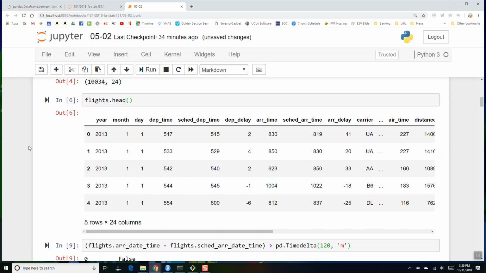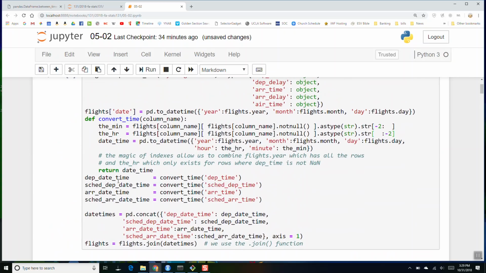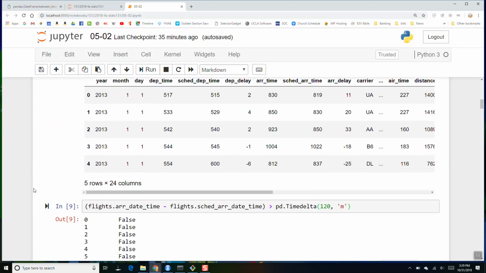So when I created our new datetimes by saying, let's take this date and tack on the time, it created problems when the date listed says January 1st and you're scheduled to take off at 6:30, but then the delay pushed the actual takeoff time to 8:30 the next day, and the way I created it just says we take January 1st and stick that on. So it was wrong.